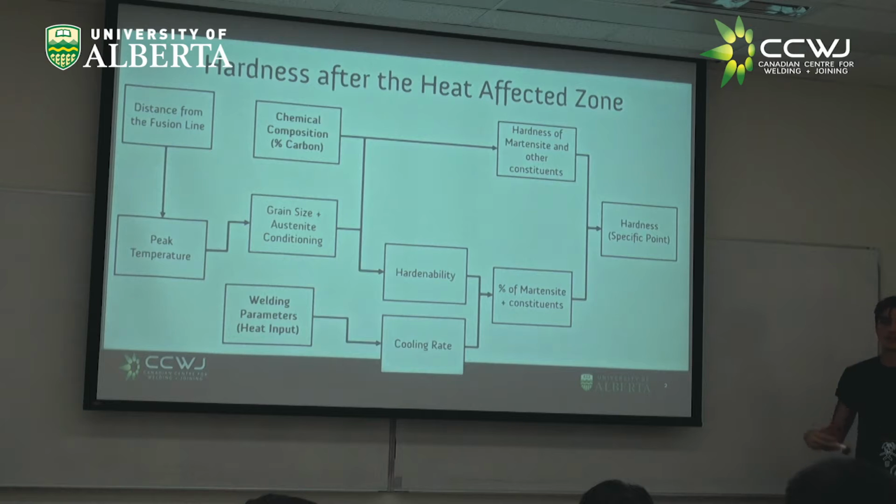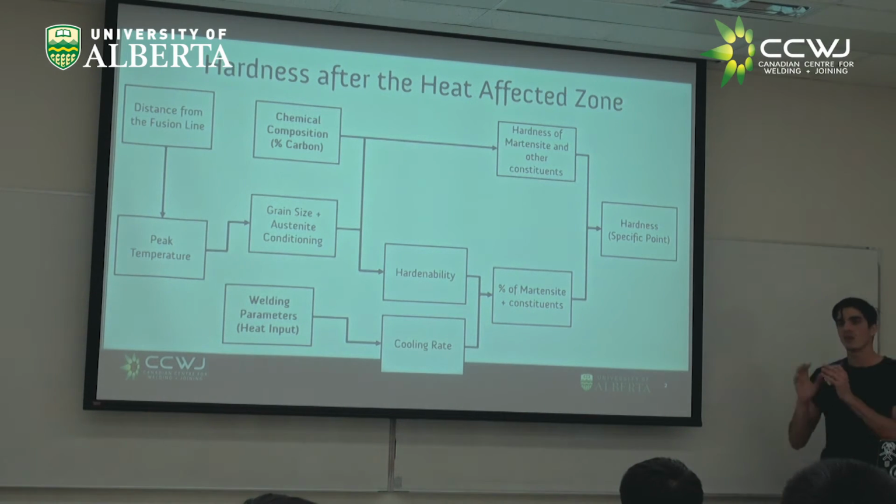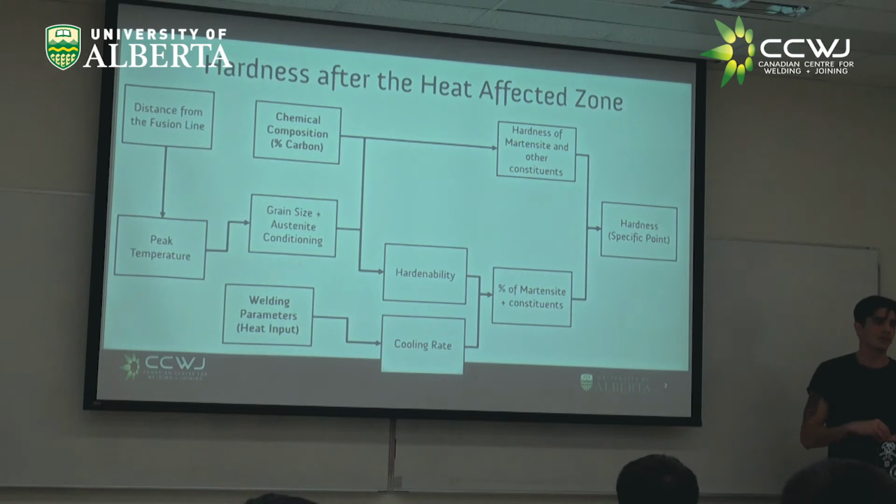And that's what makes a welding problem so complex, because when you're doing normal heat treatments, you just put the whole piece in the oven, you set up the temperature, you set up the time, and you have an austenite grain size defined for the whole piece. Then you have to start dealing with cooling rates. They might be different depending on the depth of your sample or piece, but the austenite grain size is more or less the same.